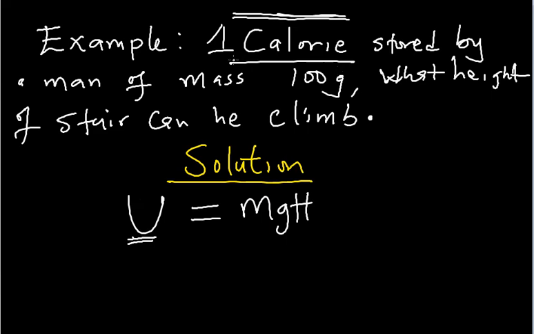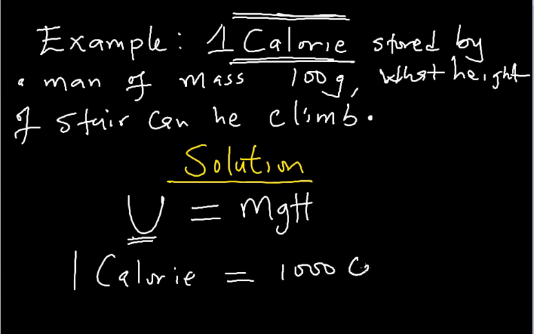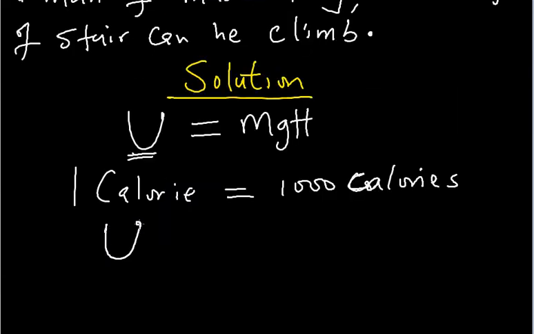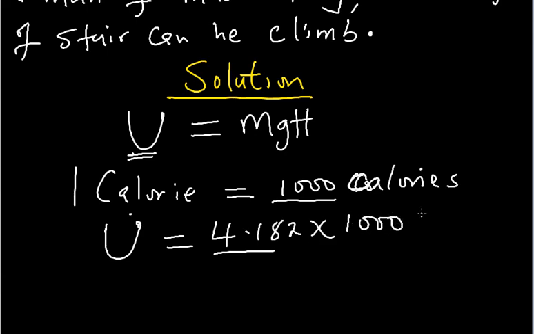First of all, I have to convert the 1 calorie to 1000 calories, small letter. So the energy will now be 4.182 multiplied by the number of calories. So invariably, you just have 4182 joule.